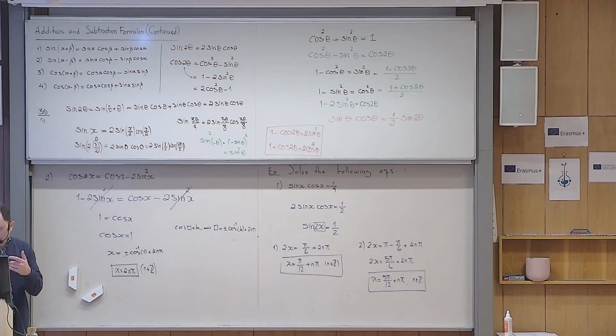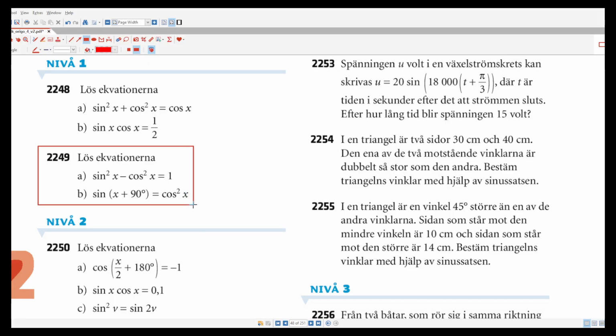According to the level in the book that I see, they shouldn't consider this level 1, but they're considering level 1. Okay, so let us solve the first one. Part A. This is your book. I'm choosing a level 1 question from the book. It's not something that I make up, okay? Solve these equations. So everyone concentrate on one.